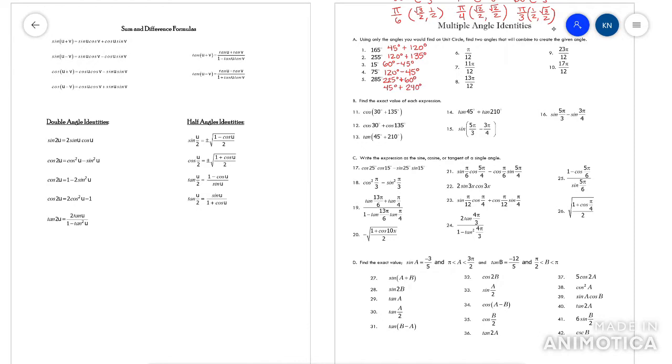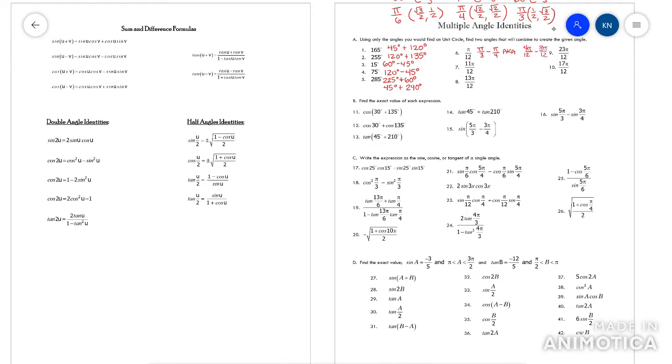Okay, now when it gets to the ones where it's in a fraction form, radians, you're going to really need to know your fractions. So like pi over 12, you could think of that as like pi over 3 minus pi over 4, because that's the same thing as like 4 pi over 12 minus 3 pi over 12.